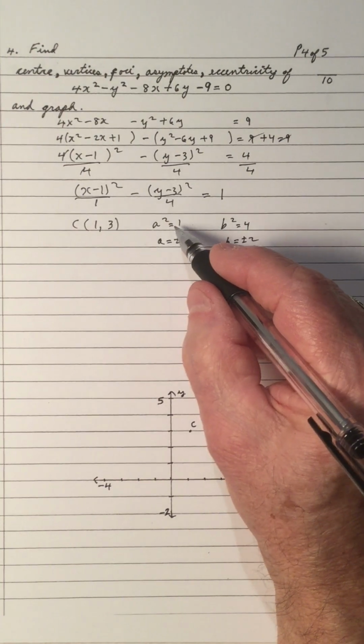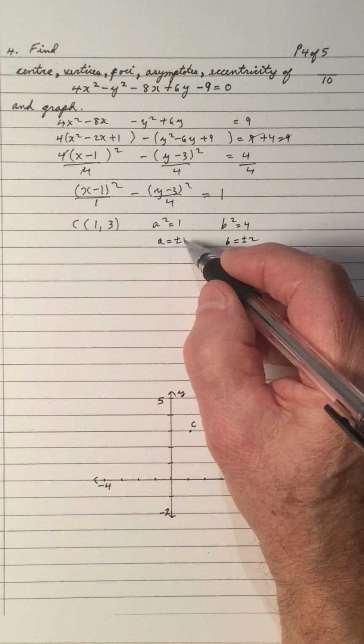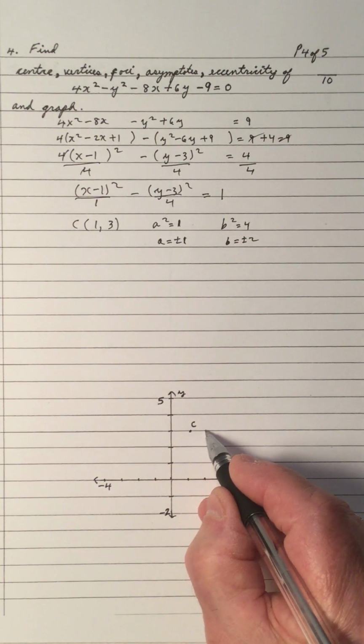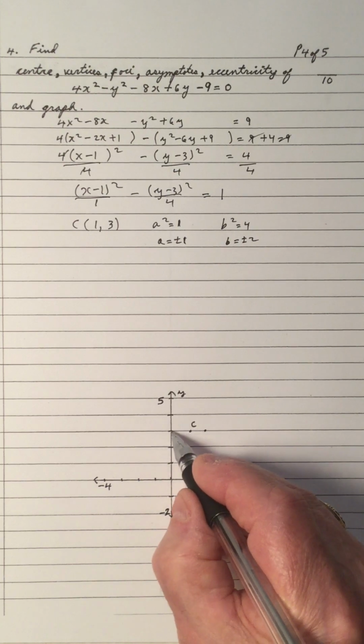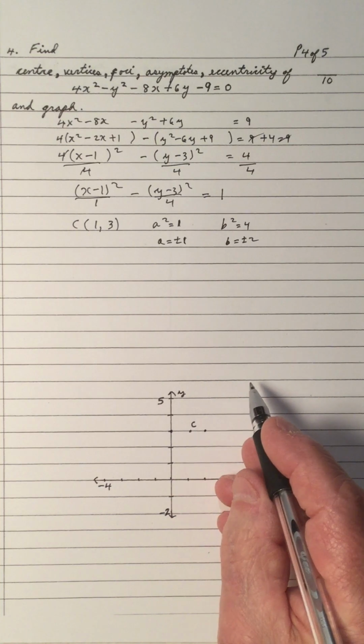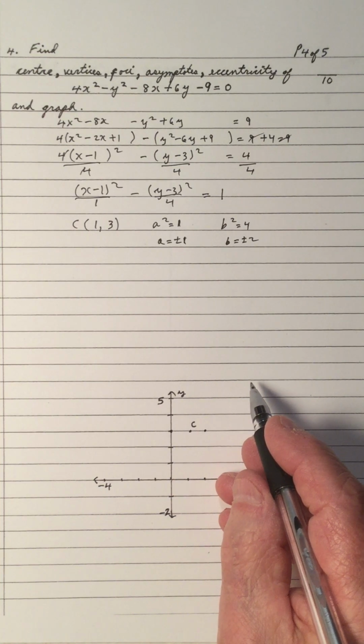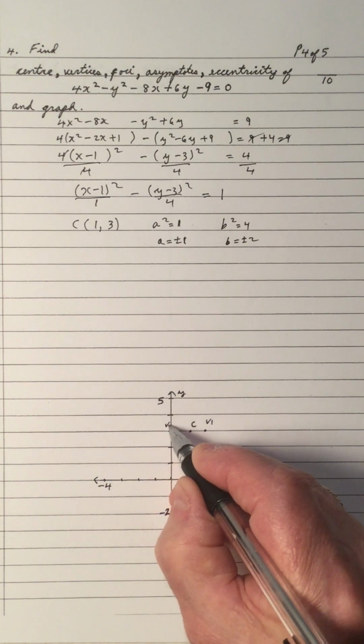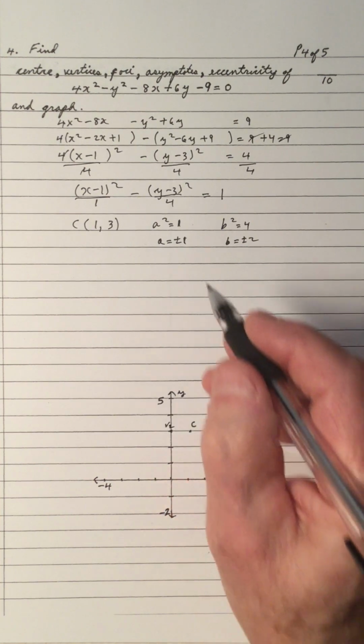So the a goes 1 right and left, so we go 1 right and 1 left. That means when we do that, we have the vertices. So this is vertex 1 and this is vertex 2.